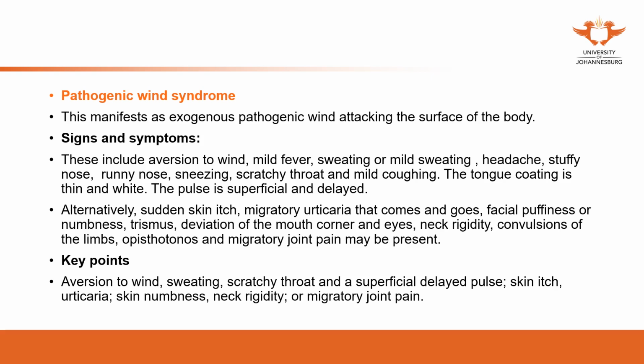So that's the cause. The wind also has the characteristic that it's very easy to combine with other pathogens. If you don't remember, please go back to the basic theory when we talk about the pathological factors, especially in the wind section, in the six exogenous pathogens.